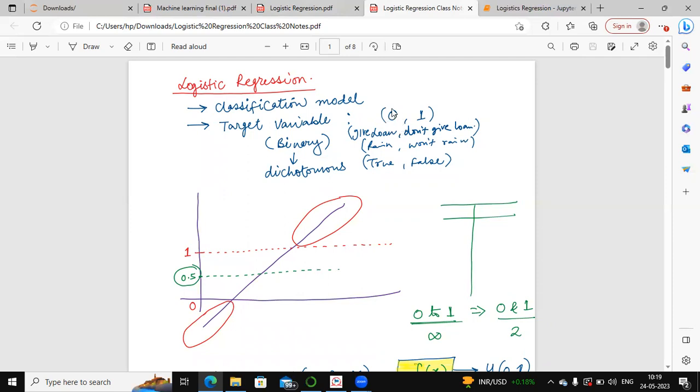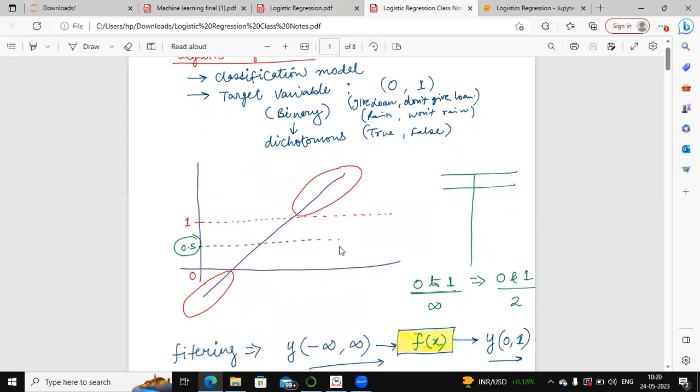If you are applying for a loan in a bank, 0 can be give loan and 1 can be don't give loan, depending on the independent variables, that is the documents present with you. 0 can be rain and 1 can be won't rain, depending on weather conditions like low temperature and high temperature. These are the independent variables.